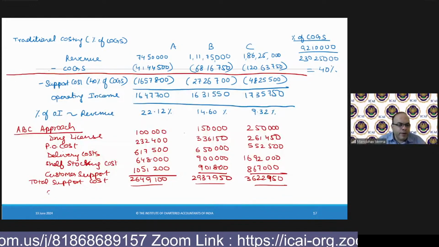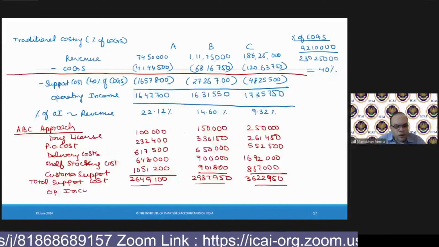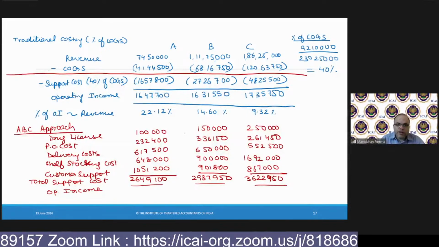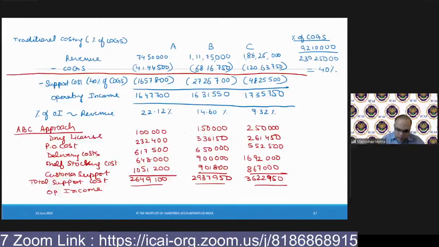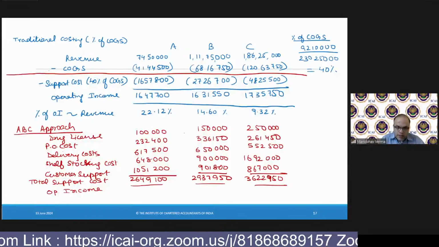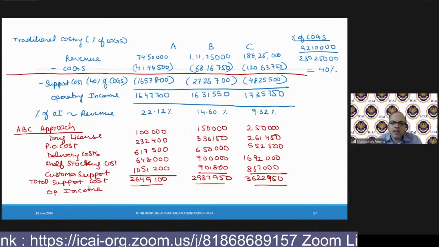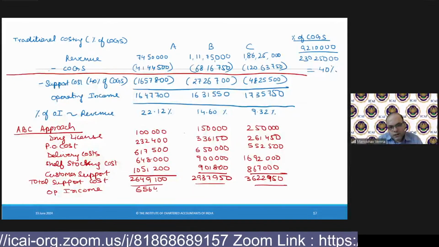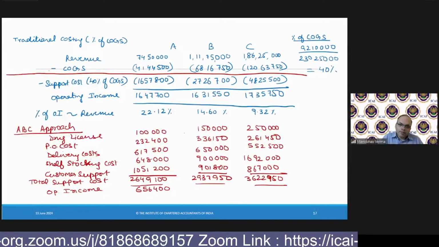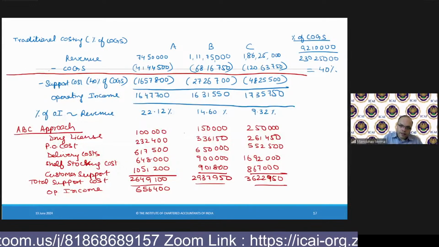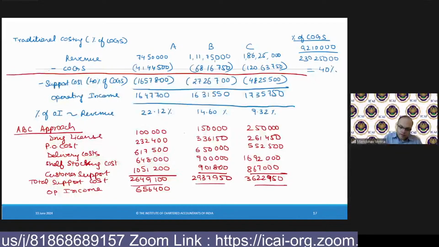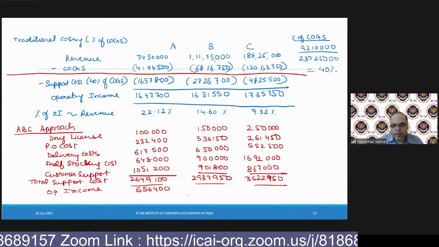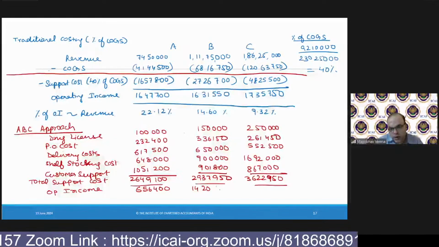If you guys agree with me, we are getting operating income now, taking the top revenue and costs, which remain as is: 7450 minus 41 44 500 minus 26 49 100, and I'm getting 6 lakhs 56,400 here. Similarly, for product B, getting 14 lakhs 20,300.